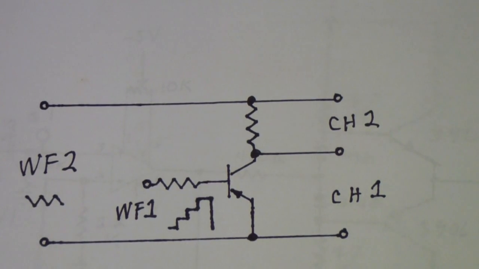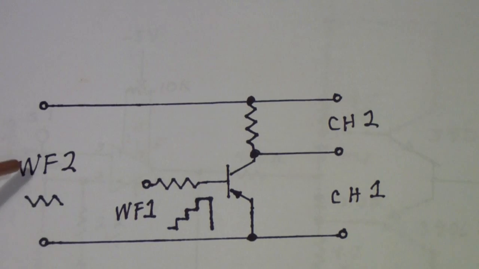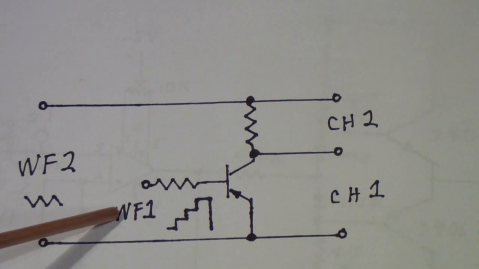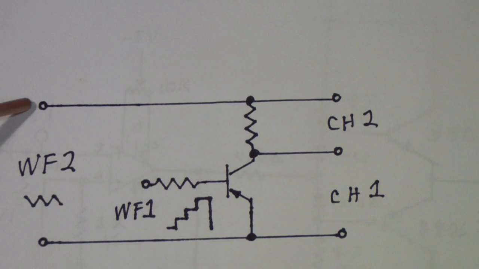If you do that, you might also want to swap the polarity of waveform 2 and waveform 1. However, I point out that unlike the scopes, the waveform polarity is referenced to ground. So it's better to use the offsets inside the Analog Discovery software to change the polarity of these waveforms.